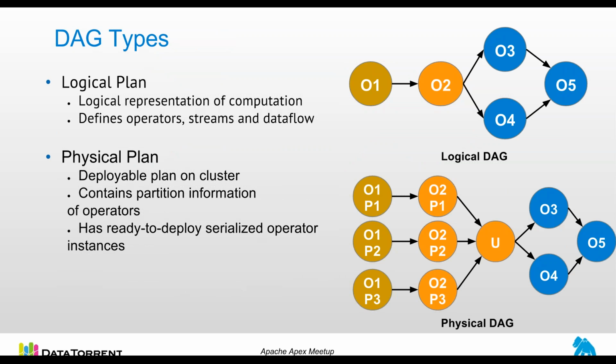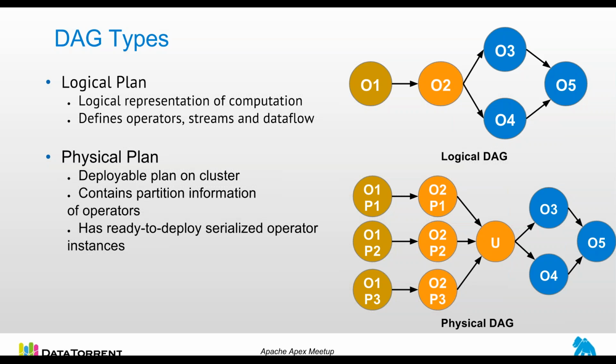It defines the operators, it defines streams, and it defines how the data is flowing. You can see that at the right-hand side, right top corner, there's a diagram which shows a logical plan where data is flowing from O1 to O2, then to O3 and O4, and finally the data is getting merged into O5. Okay, that's an example of a logical plan.